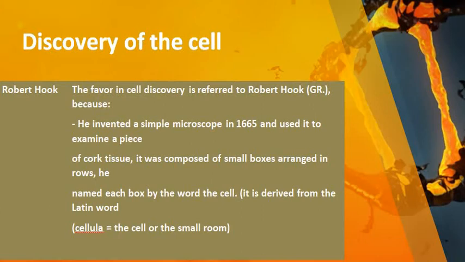He saw that the cells looked like small rooms under the microscope, and he named it according to the word cellula. Cellula in Latin means small rooms, so he gave the cell its name from the Latin word cellula. So Robert Hooke invented a microscope and did his work on the cork tissue.